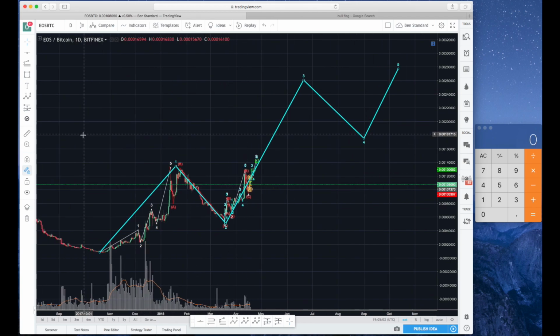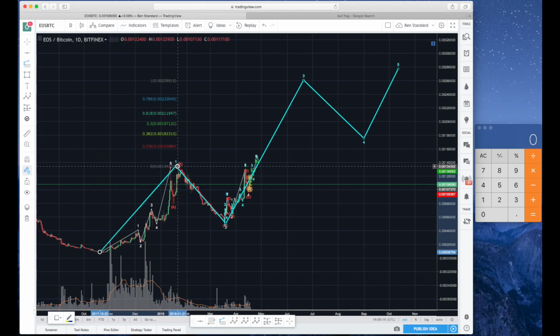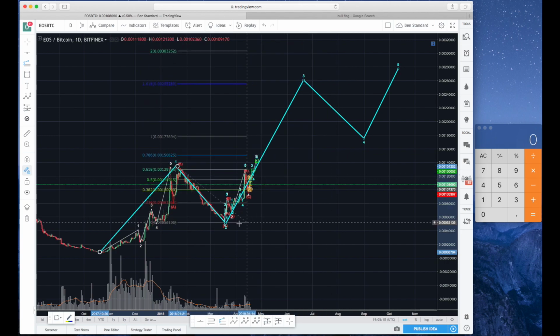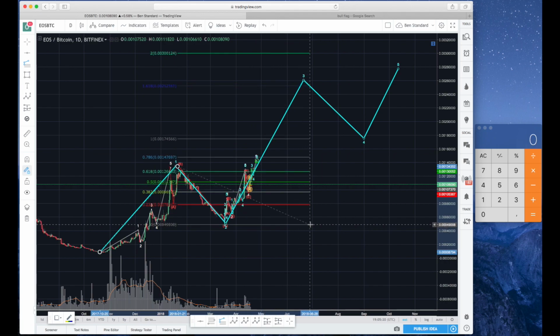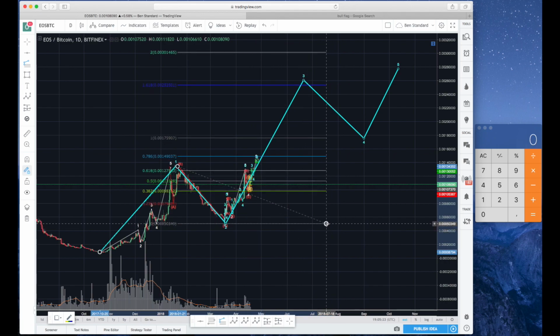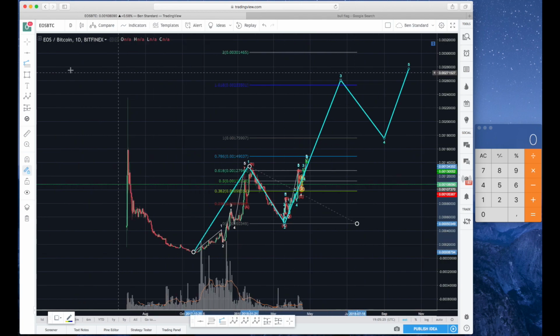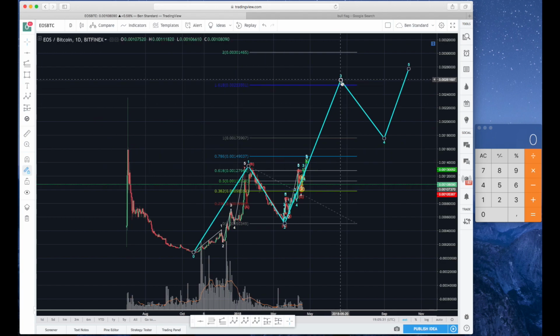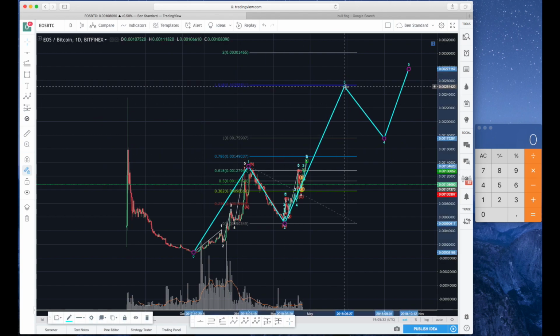But if we take the same principle here with the trend-based Fibonacci extension, beginning of the first wave to the end of the first wave to the beginning of the third wave. And according to the Elliott Wave guidelines, the third wave should be around 1.618 of the first wave.